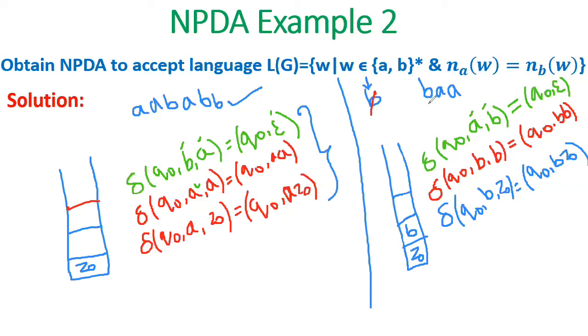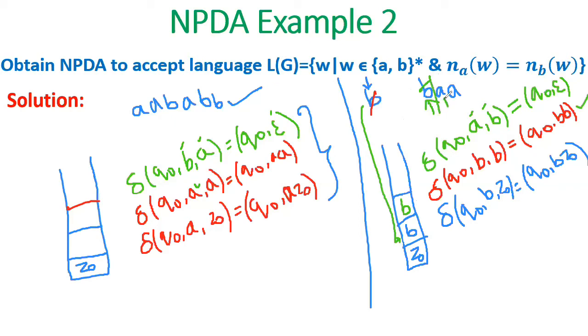Next, the input symbol you have is B, right? What is on top of the stack? B is on top of the stack. So using this particular transition, you will push this B onto the stack, right? So this you have pushed onto the stack.